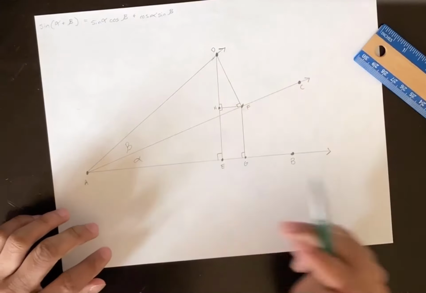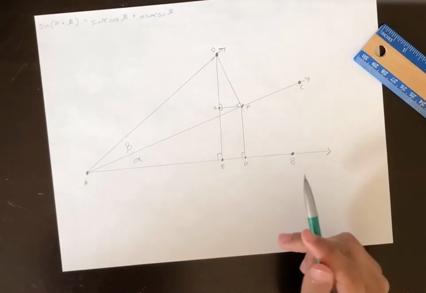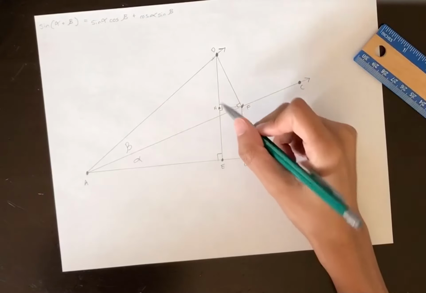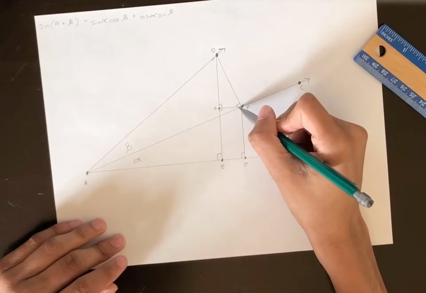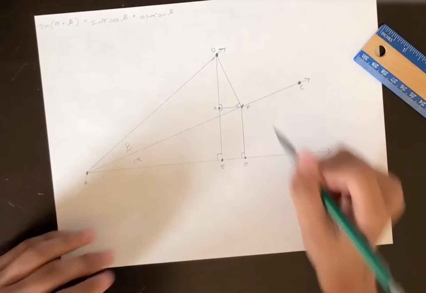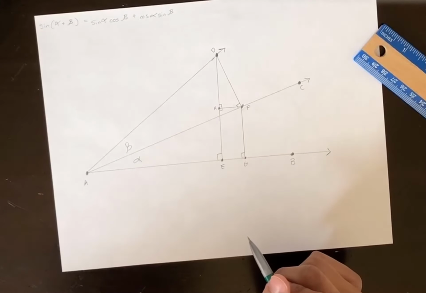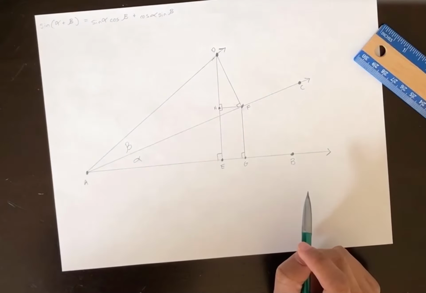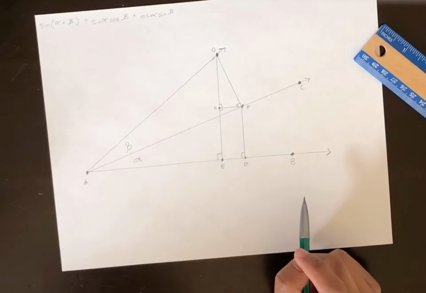It does cross both of them. And this means that the angle HFA, that's right here, is congruent to CAB, which is right here, because of alternate interior angles.